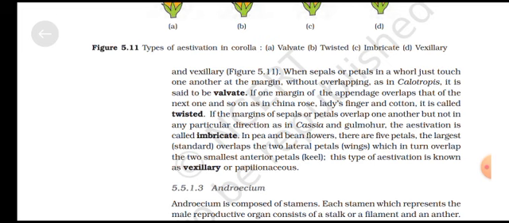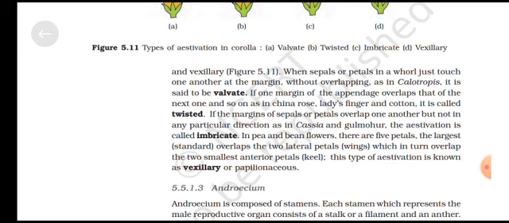If one margin of the appendage overlaps that of the next one, and so on, as in China rose, ladyfinger, and cotton, it is called twisted. If the margins of sepals or petals overlap one another but not in any particular direction, as in cassia and gulmohar, the aestivation is called imbricate.